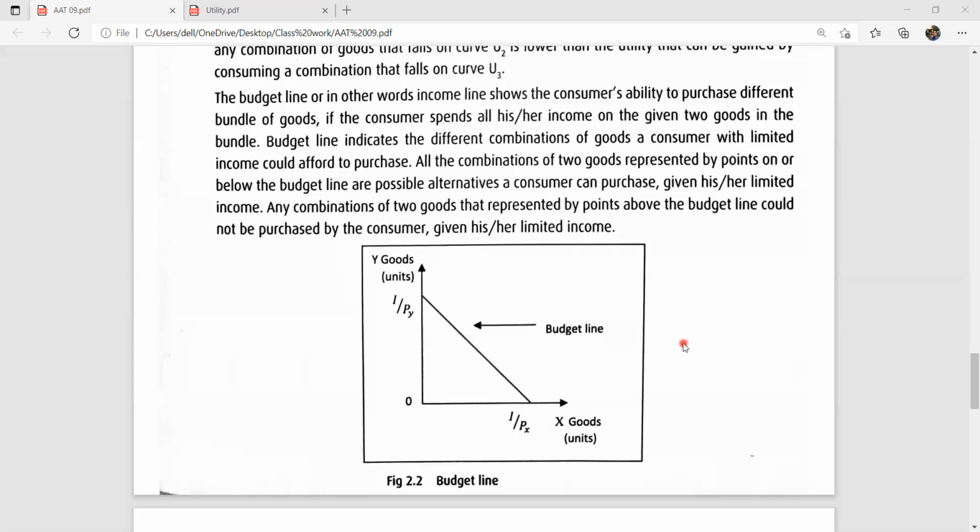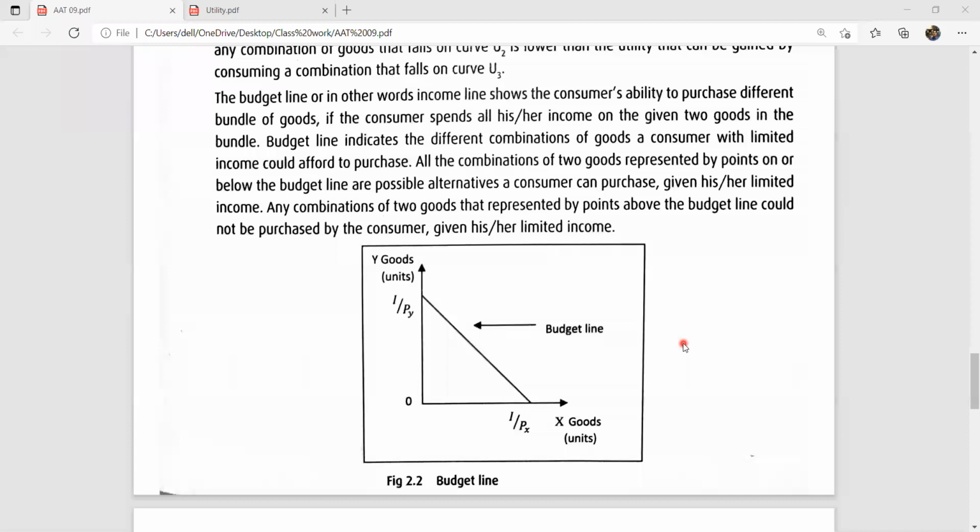If the consumer spends all his or her income on the given two goods, it is simply a combination of two goods. The budget line indicates the different combinations of goods a consumer with limited income could afford to purchase.